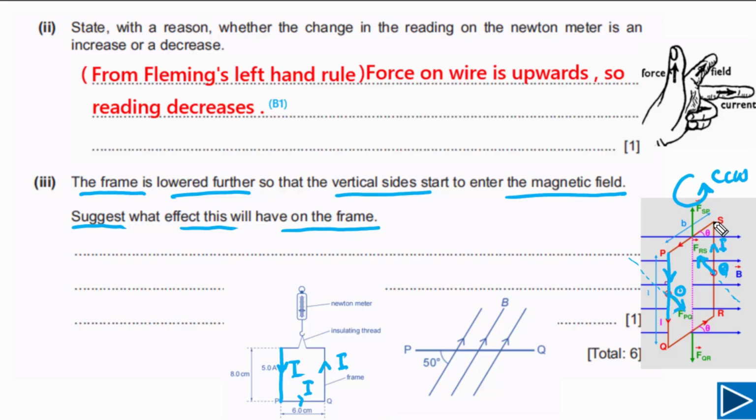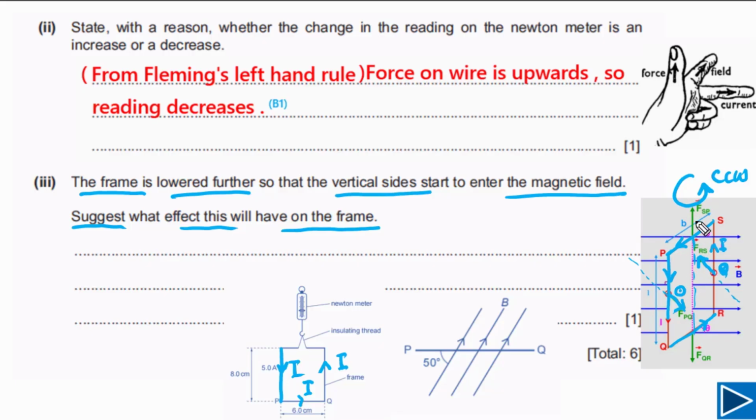But if you look at the forces acting on side SP and on side QR, these forces are also acting in opposite directions, and their line of action is along the same line. So these two forces will not cause any rotational effect.